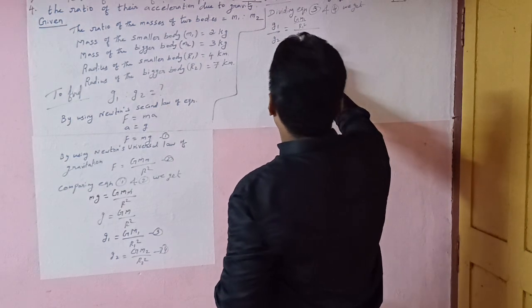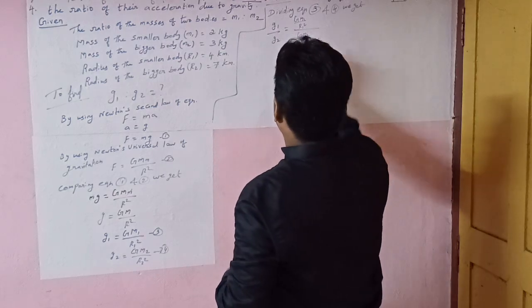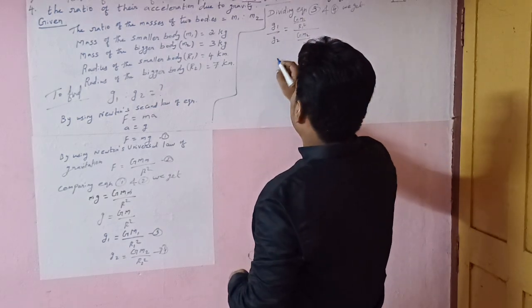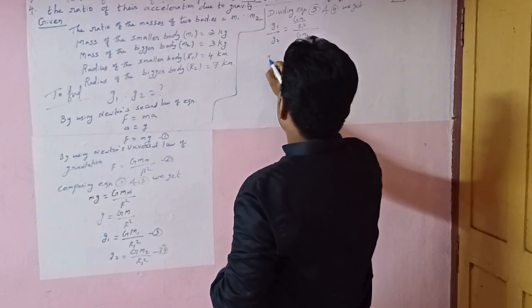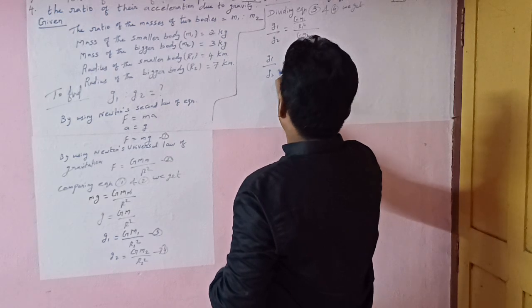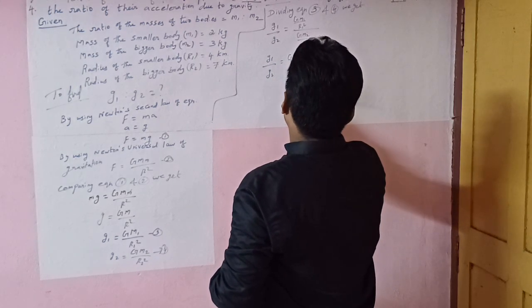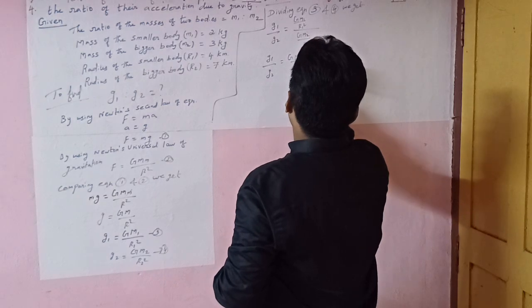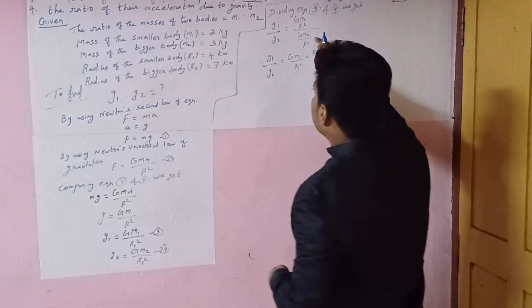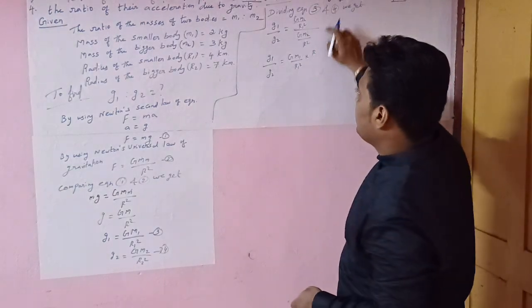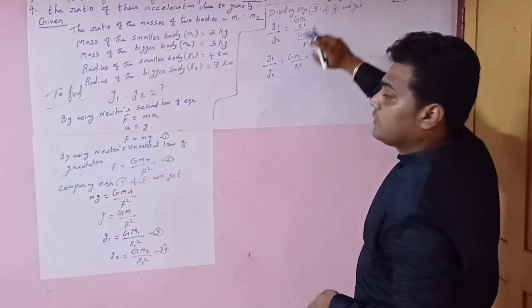This is the denominator, so this value will go to the numerator side as a reciprocal.